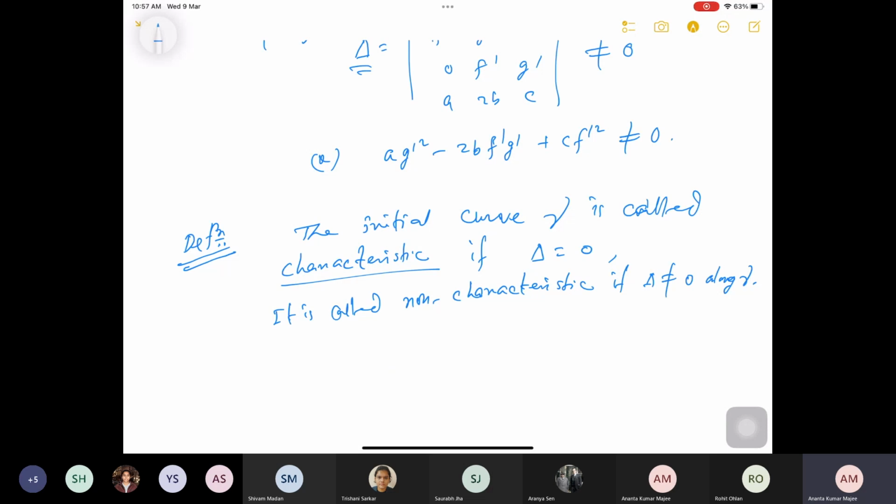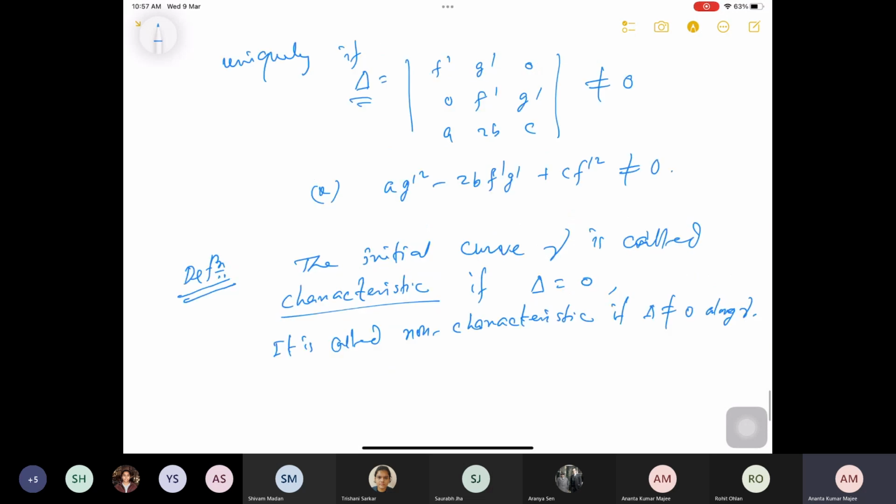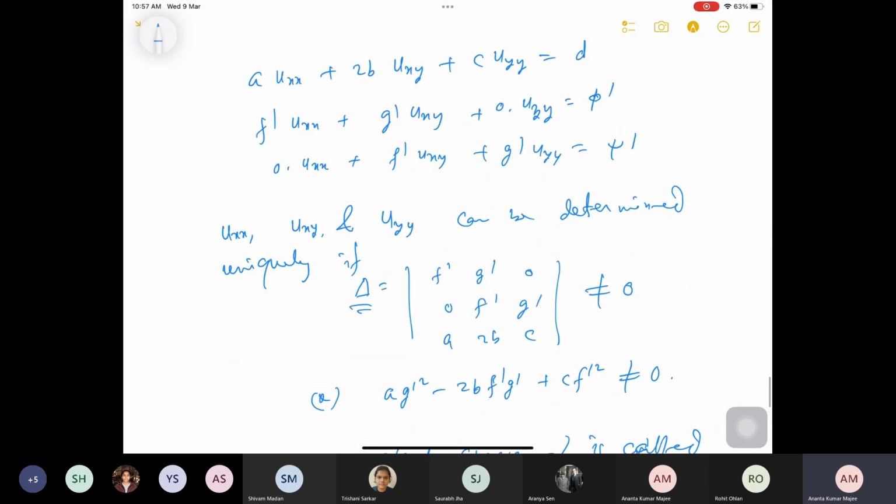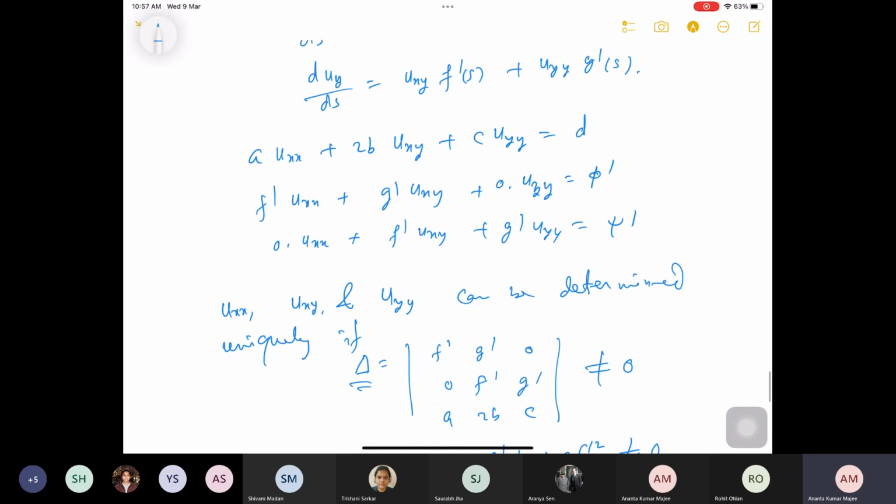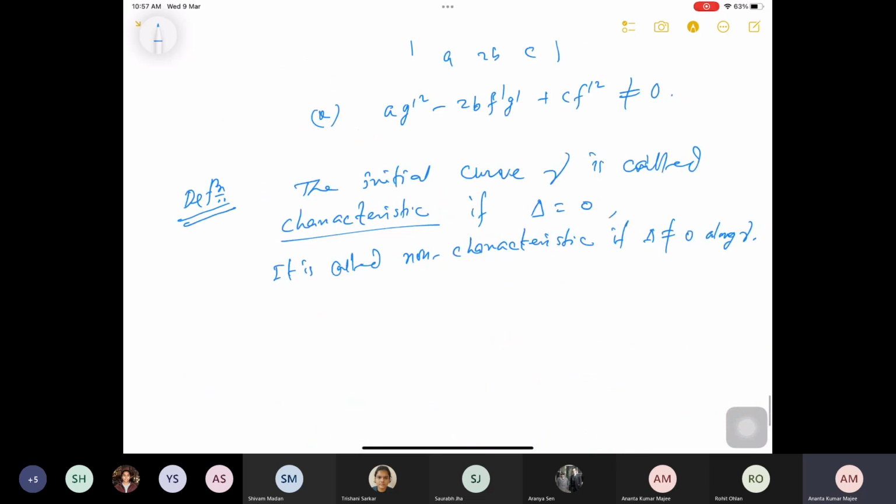But what it says is that if gamma is non-characteristic, that is, if this condition holds, one can determine the second order partial derivatives of u uniquely. Okay, so I'll stop now, and then I'll talk about the so-called normal forms, which is actually required for all these things.